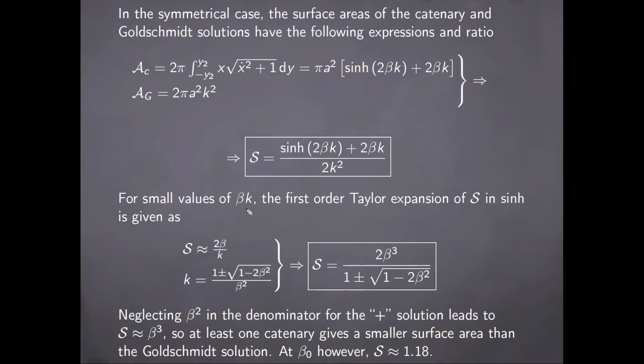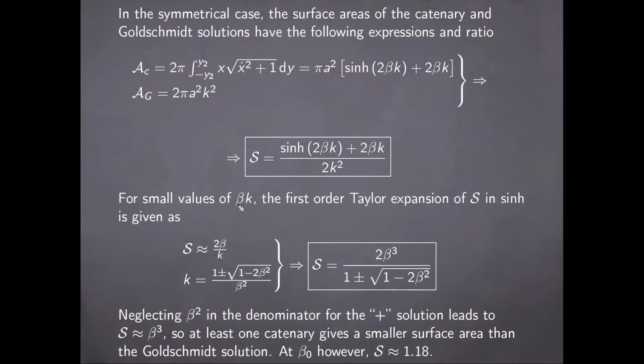Now, for small values of beta k, I can perform a first order Taylor expansion of S by expanding the hyperbolic cosine, and hopefully the result is the one given here. So what you end up with is 2 times beta over k. But remember that when this product has small values, then k is given by the roots of a quadratic equation, and as such the ratio S has the value here.